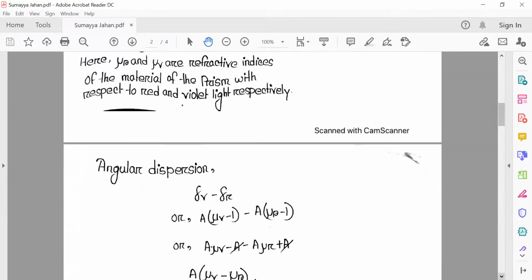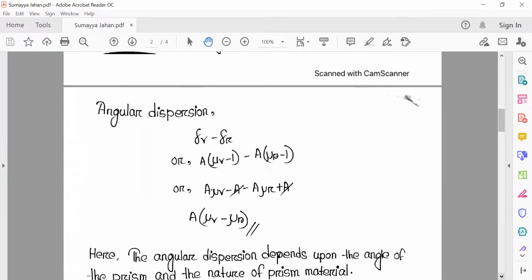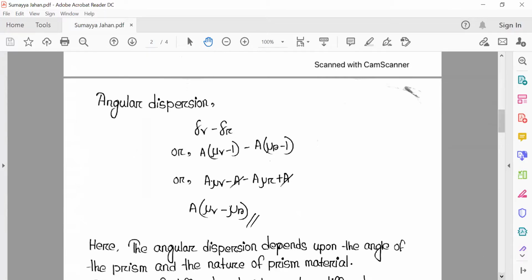So here, angular dispersion equals delta V minus delta R. We know delta V equals A into mu V minus 1 and delta R equals A into mu R minus 1.